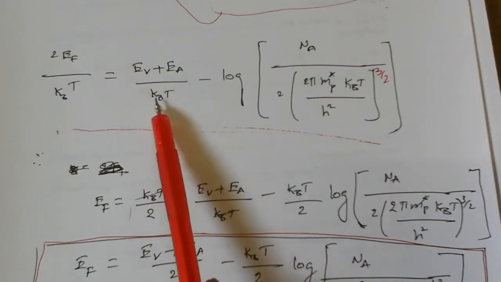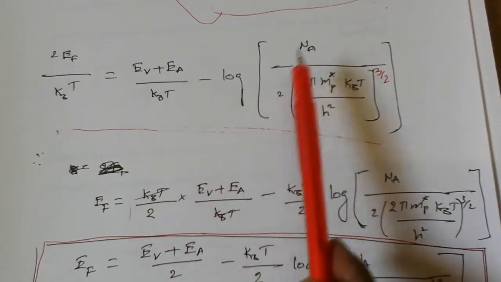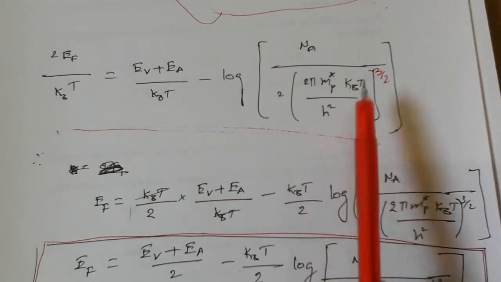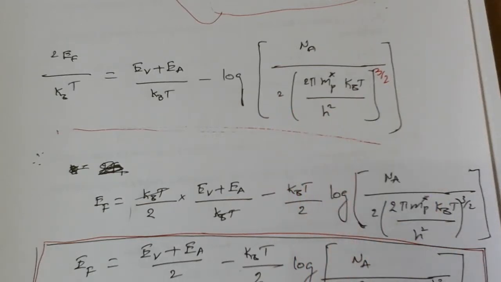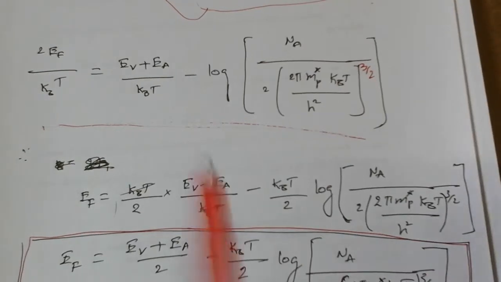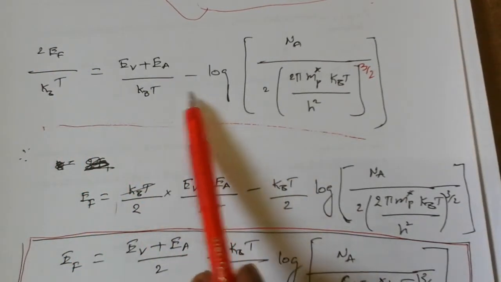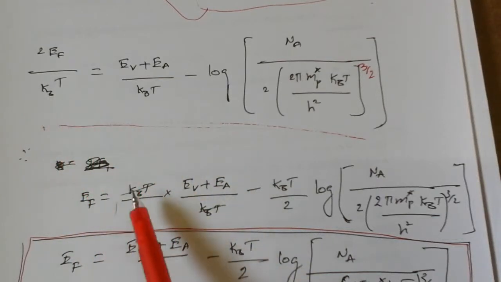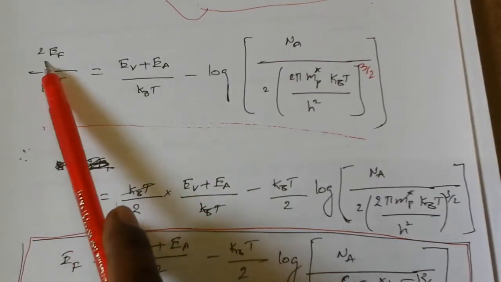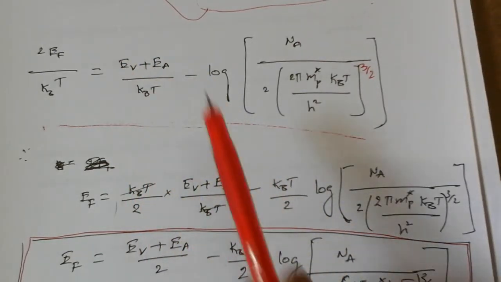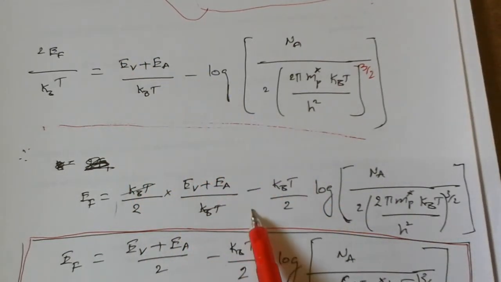NA by 2 into 2 pi MP star KBT by h square whole power 3 by 2. In this case, this 2 by kBT we are sending this side, doing cross multiplication. So kBT I have written here, by this 2 I have written here for the first term as it is, and minus I have written.